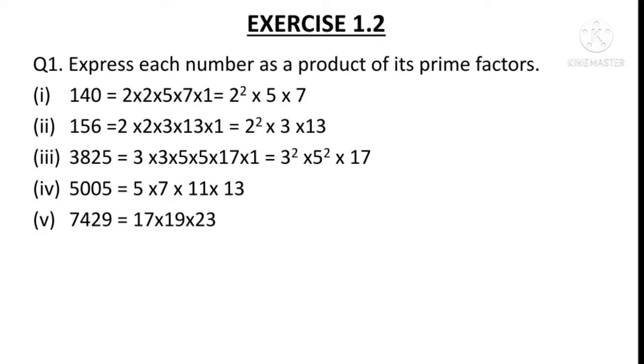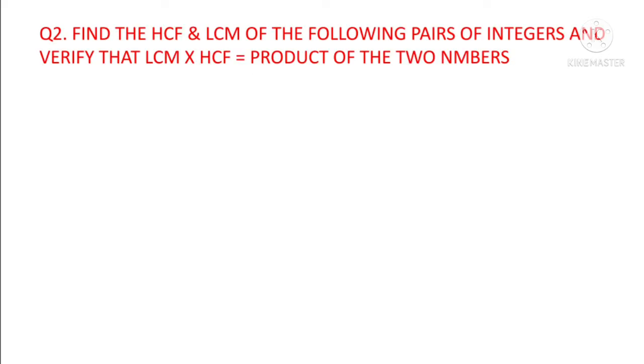Now let us do another question, question number 2, that is how to find the HCF and the LCM, and we have to prove that HCF into LCM is the product of the numbers.